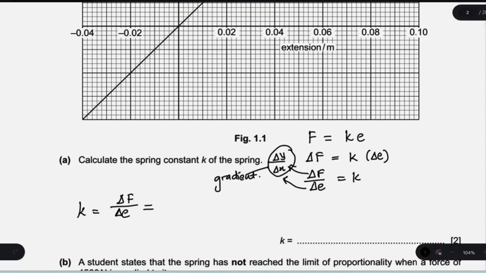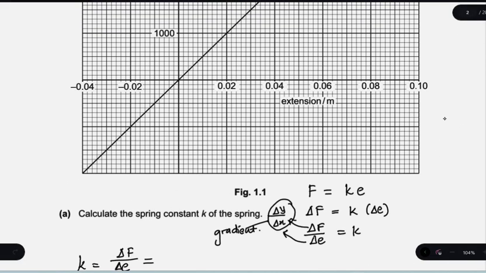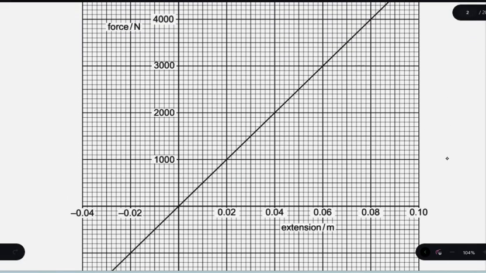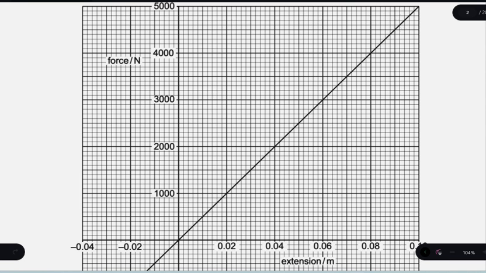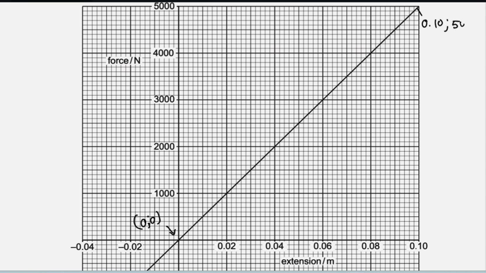So we can pick any two points on the line. I'm going to take the most convenient points on the line. I think if we take 0, 0, and that one up there, which is 0.10 and 5,000, it will be ideal.